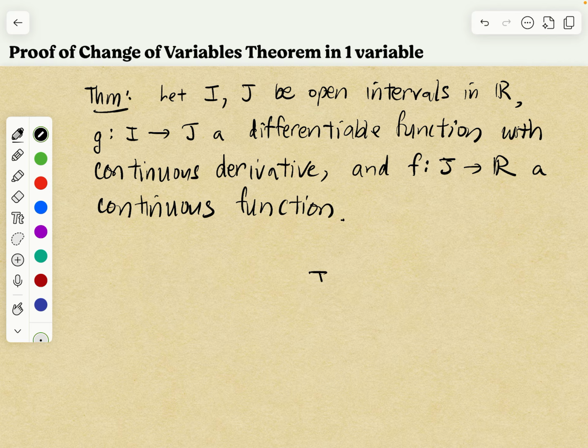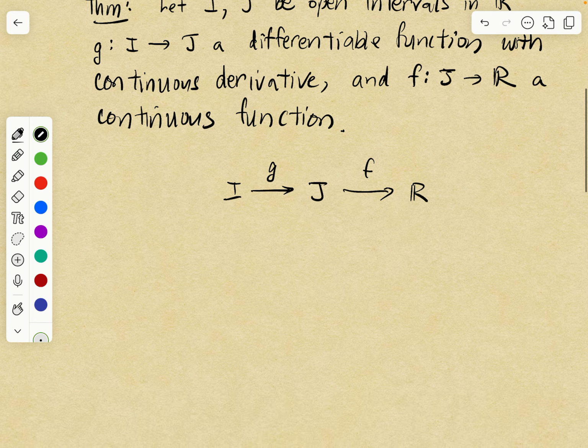So what's going on is you have some interval I and some interval J, and you have some function f from J to the real numbers, and then you have some function g from I to J. Okay?